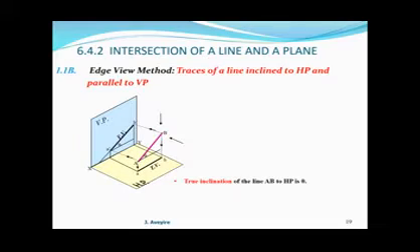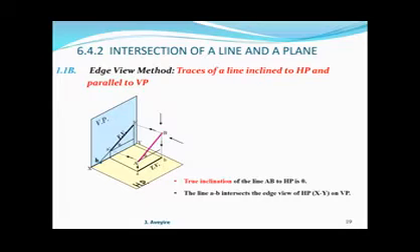Where it hits XY, as we know, XY is the edge view of HP, which means it intersects HP. That point we label as H. But we have to locate the exact position.